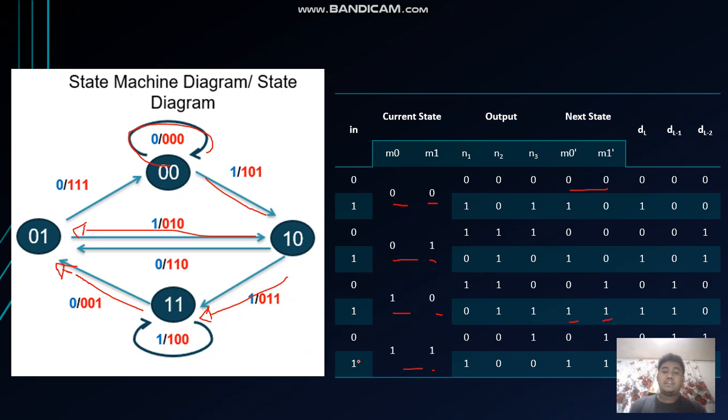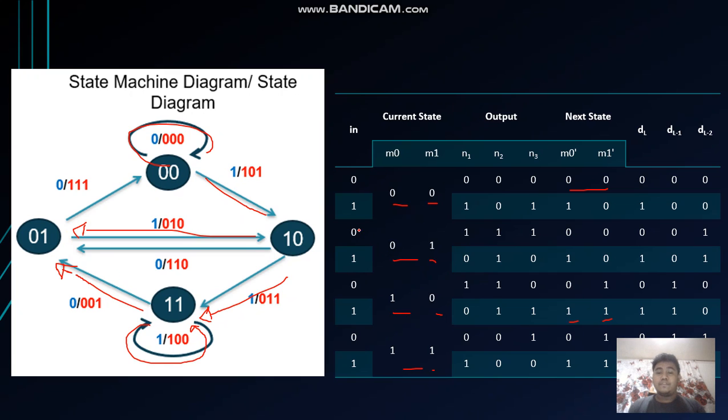But if our input in 1 1 is 1, here is the output, and the next state will be going back only to 1 1. Still here. So next are our values in 0 1.